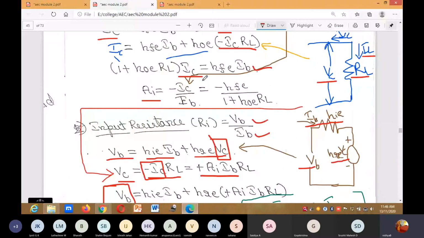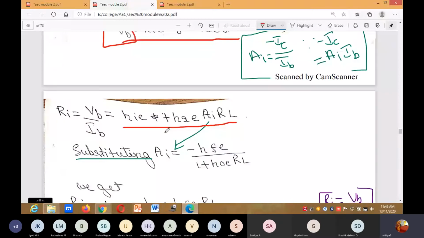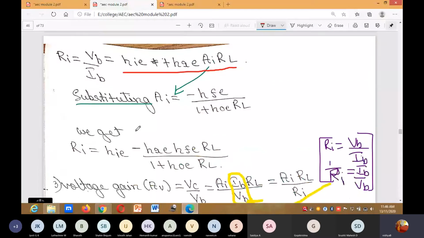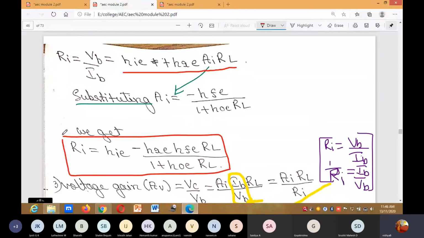Minus HFE divided by 1 plus HOE into RL. You need to substitute the value of AI. So we get that Ri is equal to HIE minus HRE HFE into RL divided by 1 plus HOE into RL. This is the input resistance.